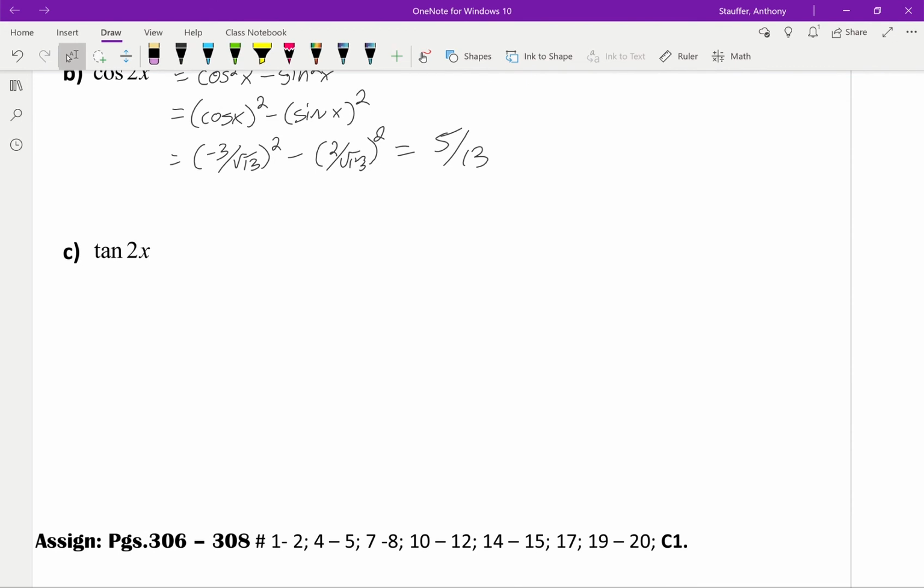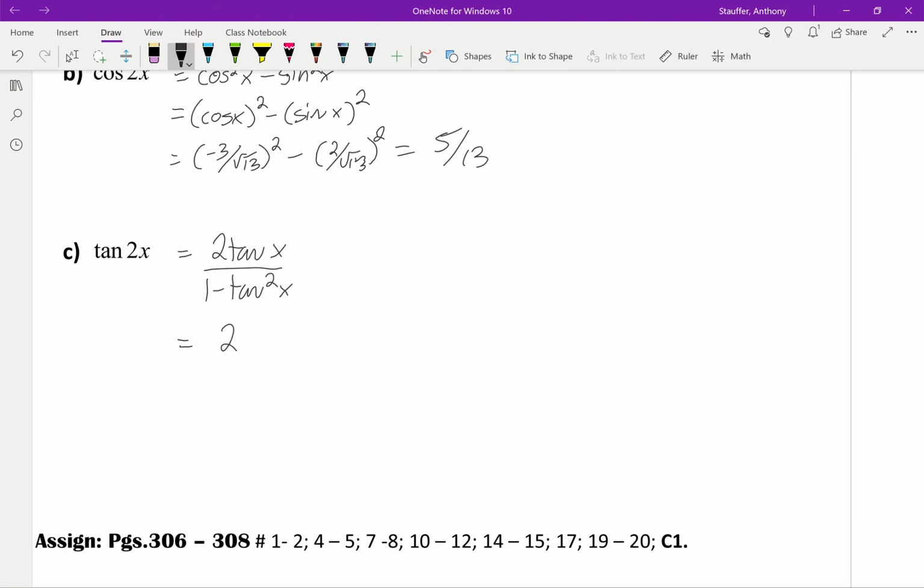Tan 2x is just going to equal 2 tan x all over 1 minus tan squared x, which this one gets a bit more elongated.